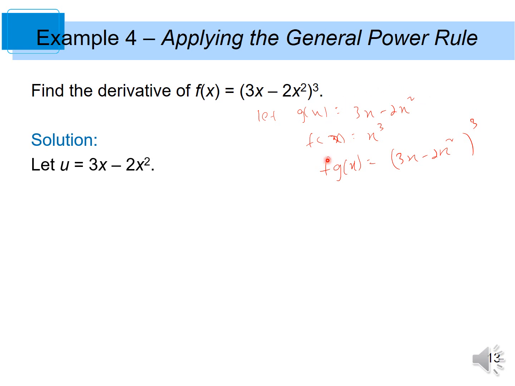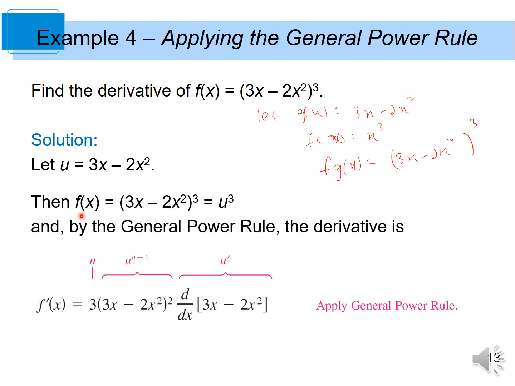So from here, the inner function is 3x minus 2x squared, or equal to u. So our function can be written as a function of u, equal to u cubed. And since this quadratic function has power cube, we use the general power rule.